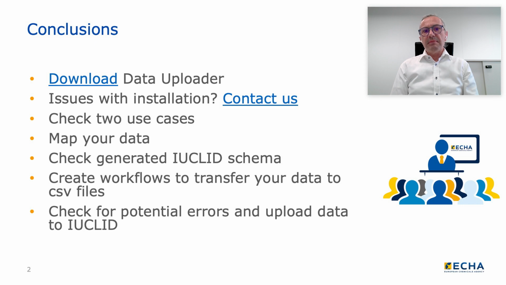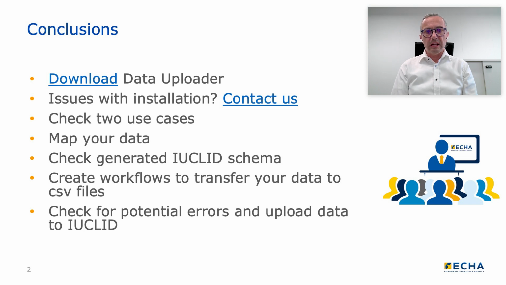Mapping your data is a main task, as you need to understand where to fit your data into the Euclid document definitions. After mapping, you will need to check the generated Euclid schema and how the tables, column names in the tables, UUIDs and parent UUIDs are connected and link between each other.